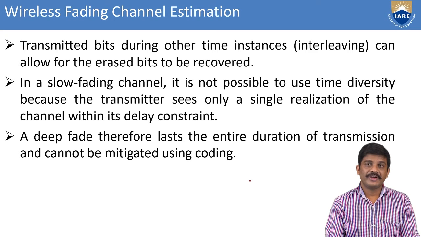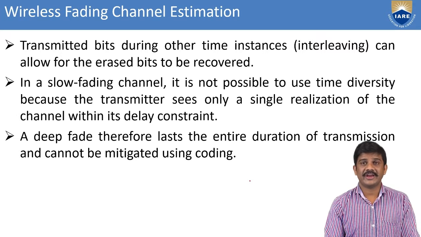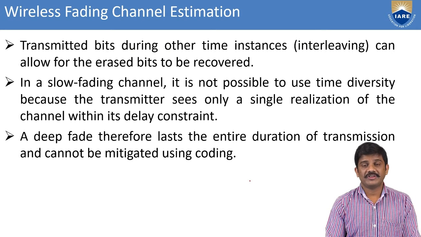Coming to slow fading, it is not possible to use time diversity because the transmitter sees only a single realization of the channel within the delay constraint. A deep fading, therefore, that lasts the entire duration of transmission cannot be mitigated using coding. Okay, then we can see the single realization here, that has some delay constraint.